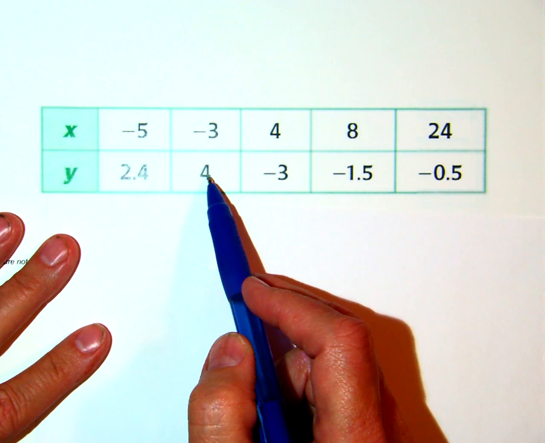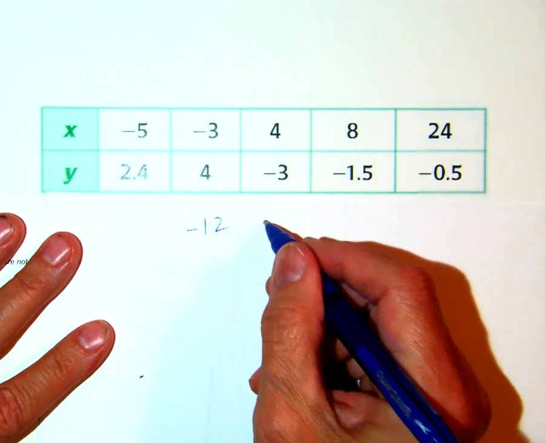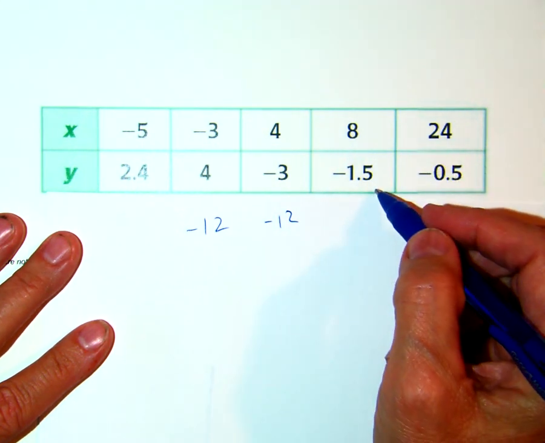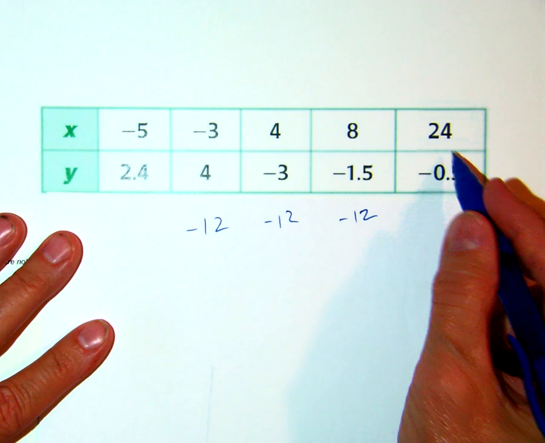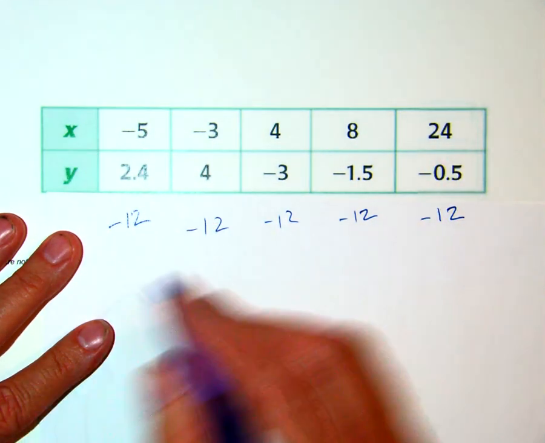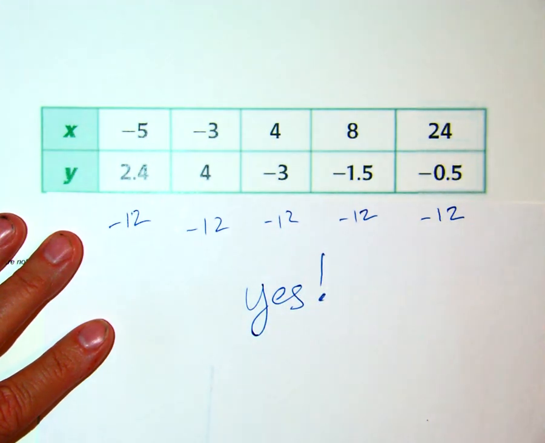Negative 3 times 4. That's negative 12. 4 times negative 3. That's negative 12. 8 times negative 1.5. Yeah, that's going to be negative 12. That one's pretty easy. Yeah, oh look, if you multiply them out, you're going to see that they're all negative 12. So yes, this is a representation of inverse variation.